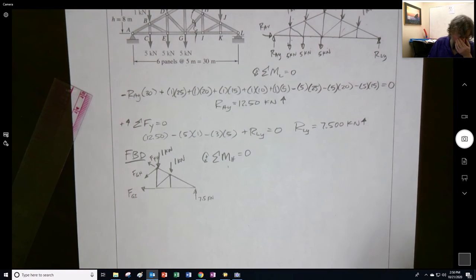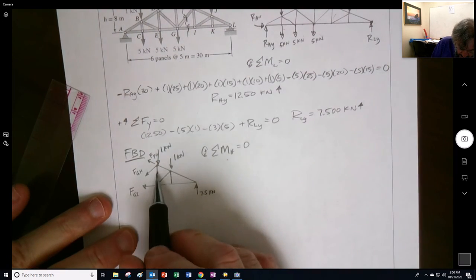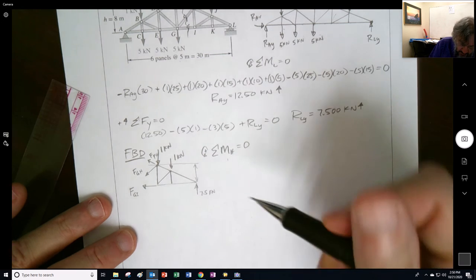Like I said, this is a long problem, by the way. One of the things we're going to need is this height right here.